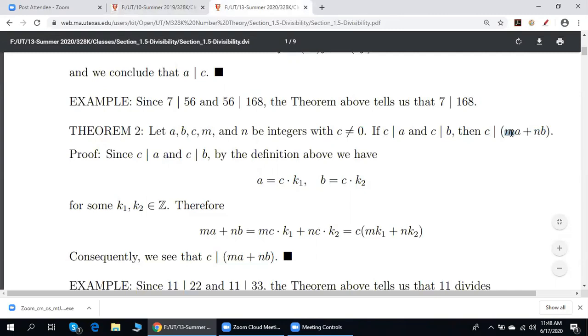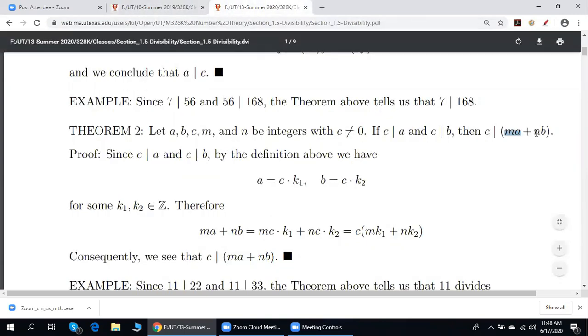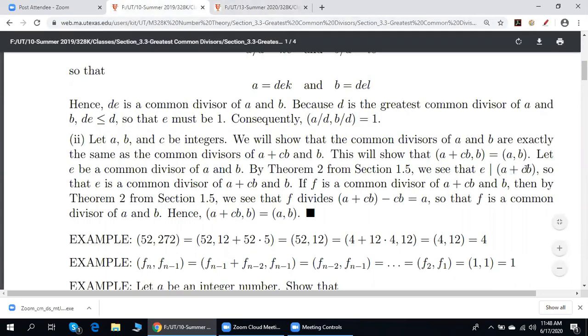If M is equal to 1, this term becomes A. If N is equal to C, this term becomes this. So indeed, by Theorem 2, since E divides both A and B, E divides A plus CB.